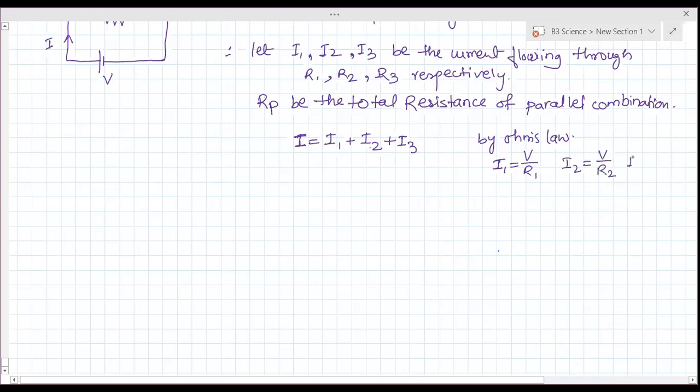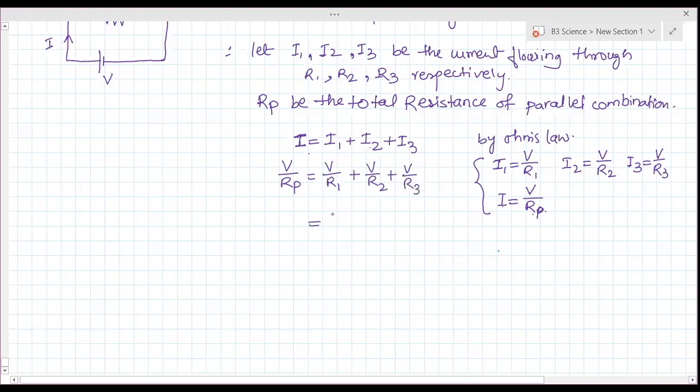And I3 is equal to V by R3. And total current I is equal to V by Rp, total resistance. Total current is equal to total potential difference by total resistance. Clear? Yes, ma'am. So substitute all these values in this equation. I is equal to V by Rp, that is equal to V by R1 plus V by R2 plus V by R3.